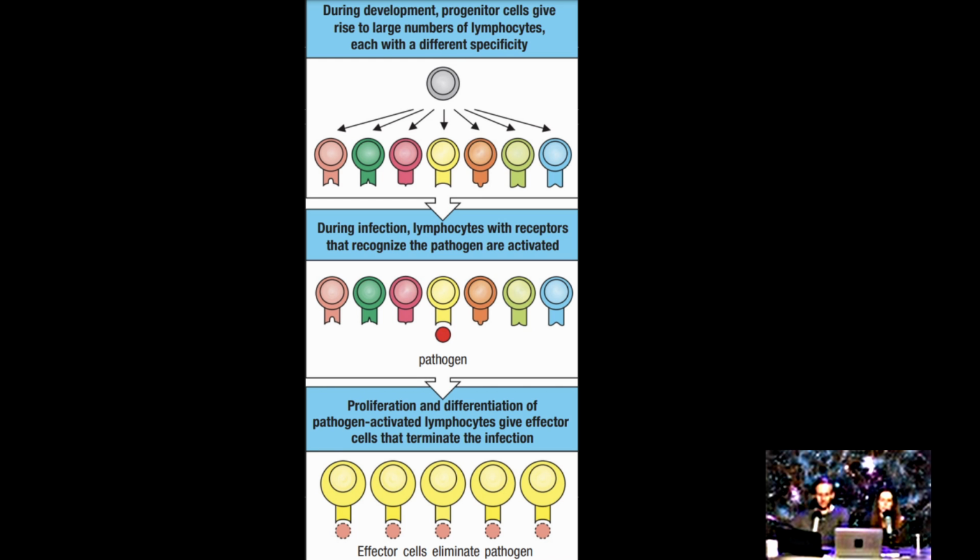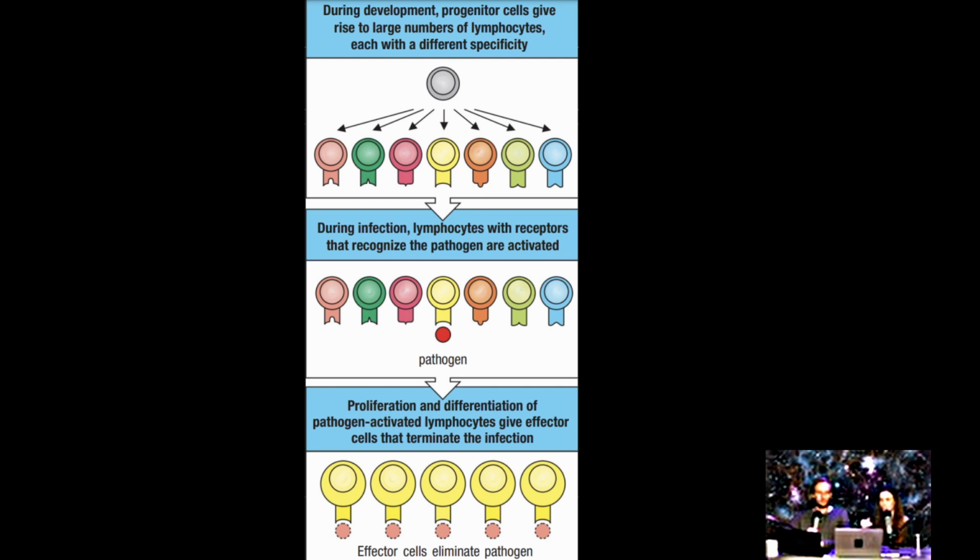Each one of these is specific, which you can see here is demonstrated by the fact that they have these very cartoonishly adorable shapes down at the bottom. Each one of these lymphocytes is capable of recognizing a specific pathogen that they have been matured into seeing. And then once it sees that pathogen, it is activated to reproduce massively.